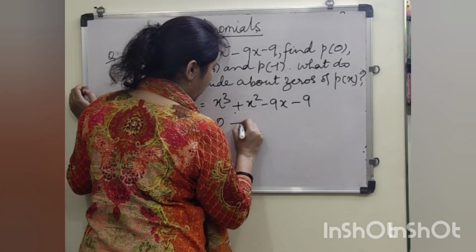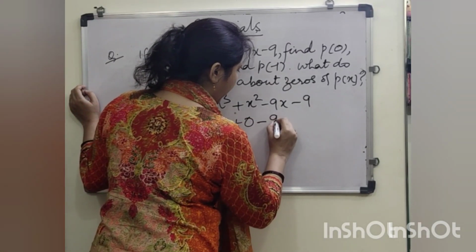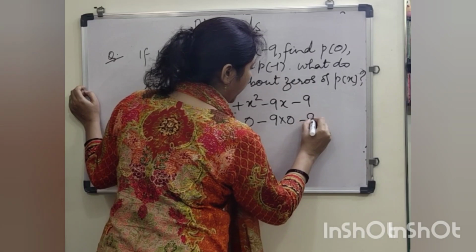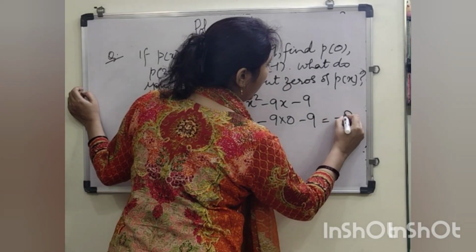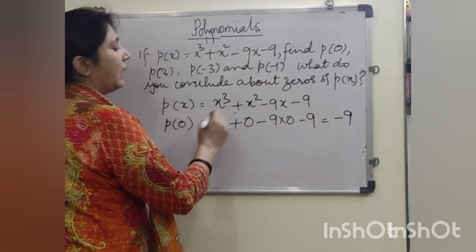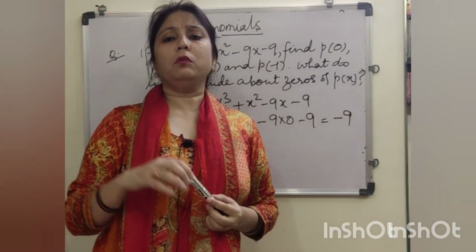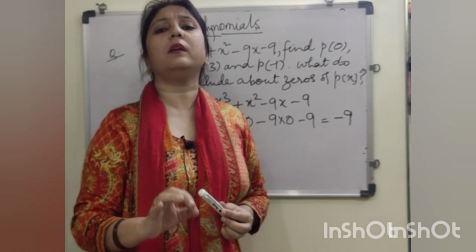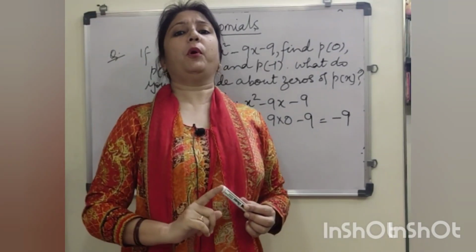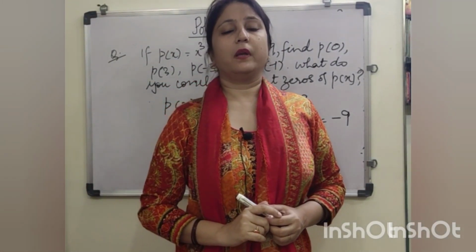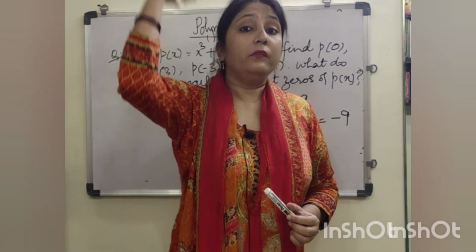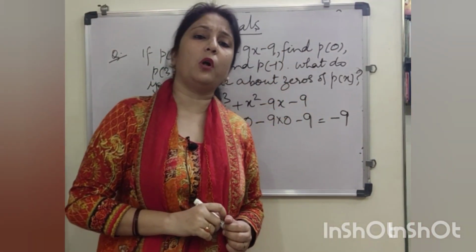So it is 0, this value is 0, this is 9 into 0, this is minus 9. So overall answer is minus 9. That means p(0) is minus 9. So the value 0 is not the zero of the overall polynomial.